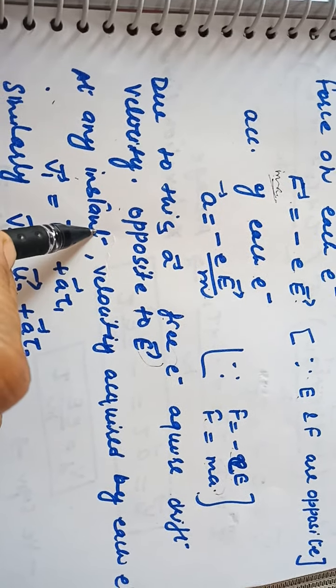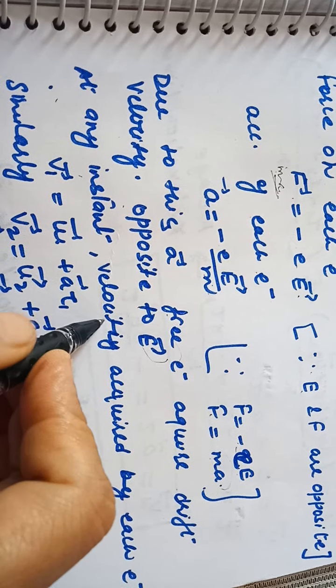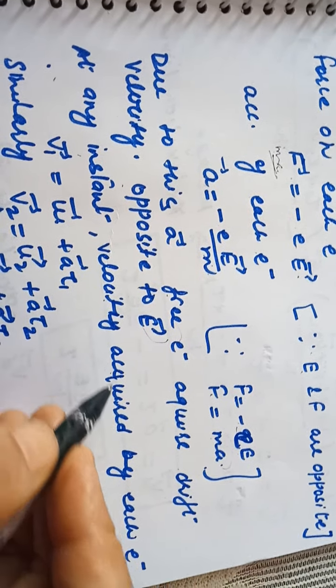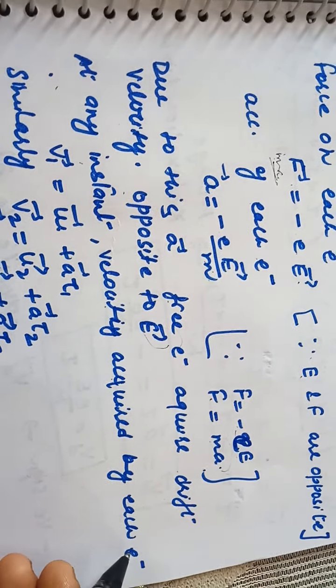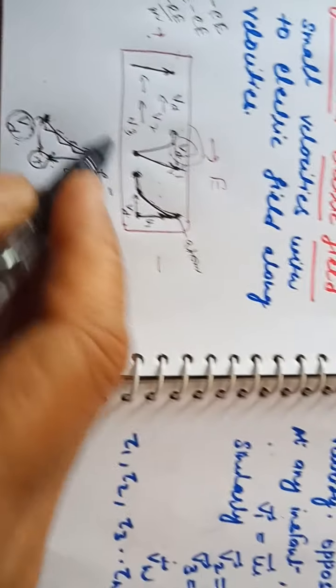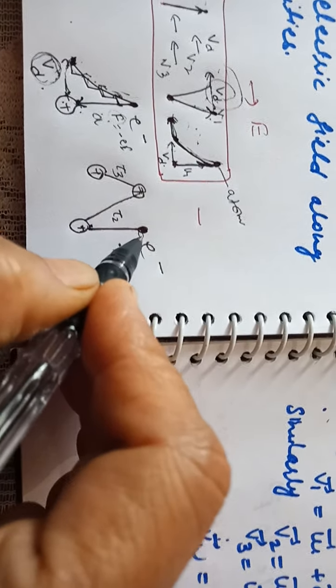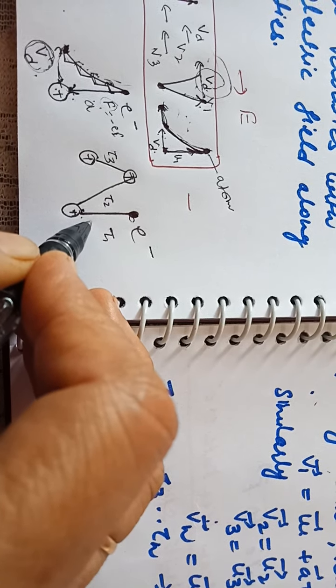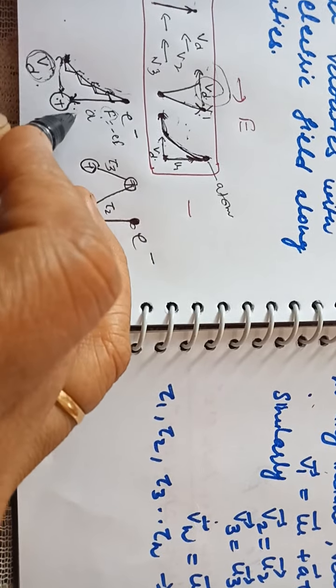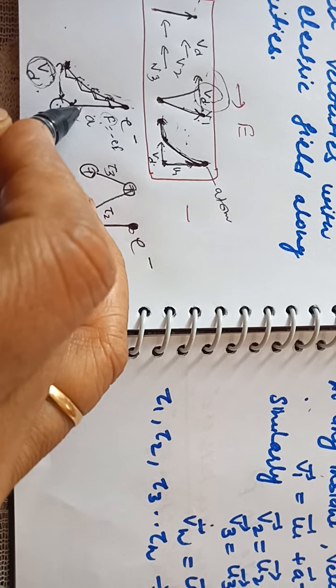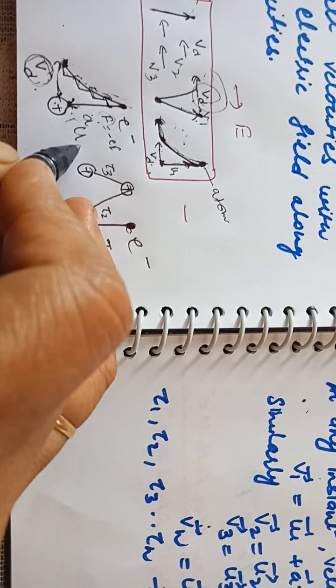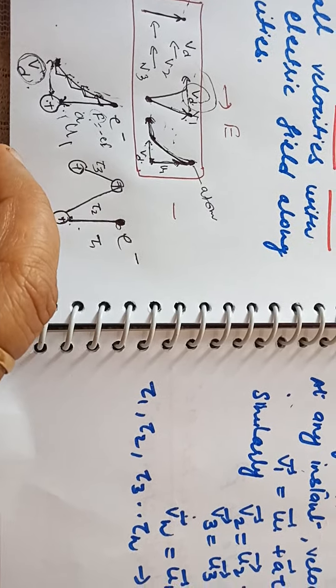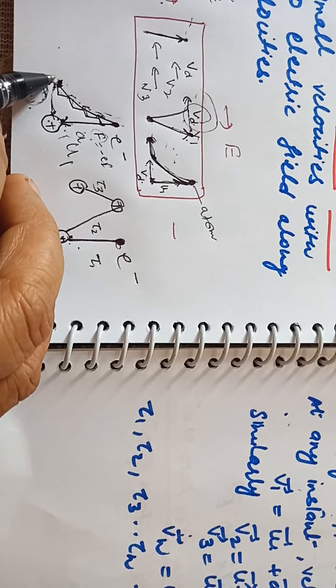Now at any instant, we are going to consider the velocity acquired by each electron. When the electron is moving from here to here, it has thermal velocity u1, and then it is drifted here.